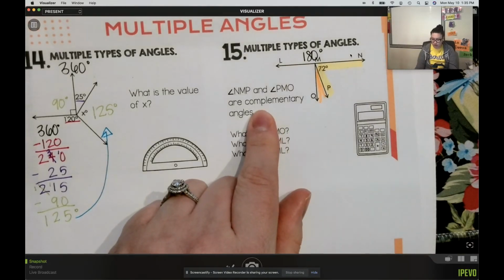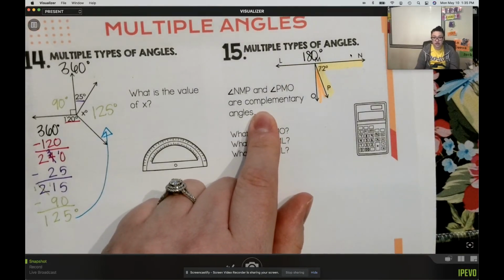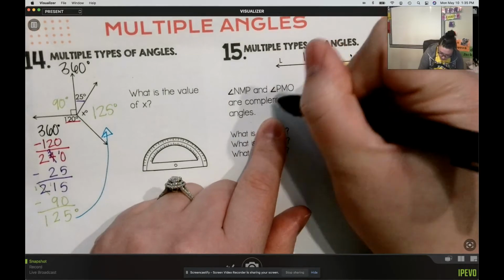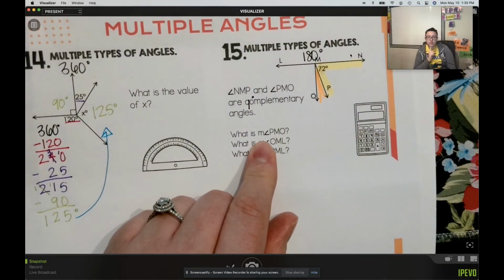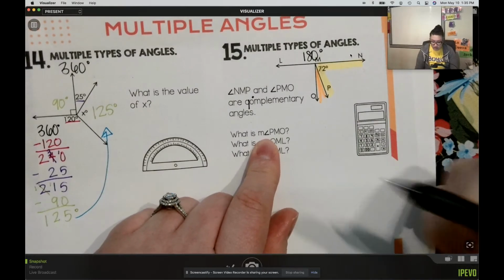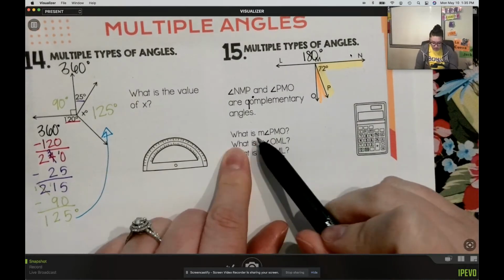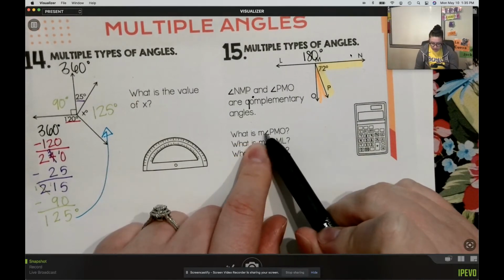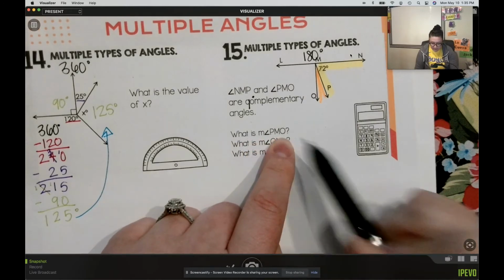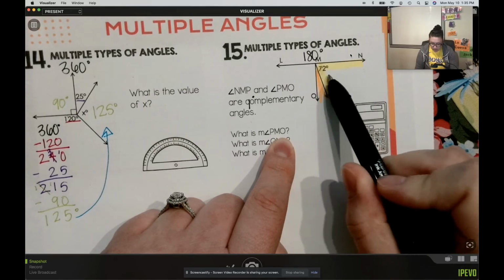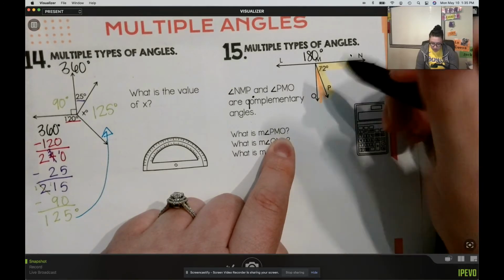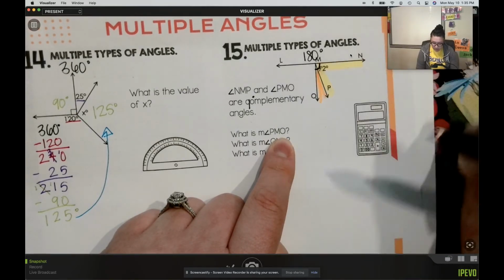What do we know about complementary angles? They add up to 90 degrees. So if they add up to 90 degrees, they have a few different questions for us. First, what is the measure of angle PMO? If these two are complementary, they make 90 degrees.